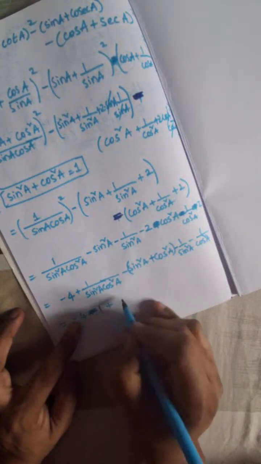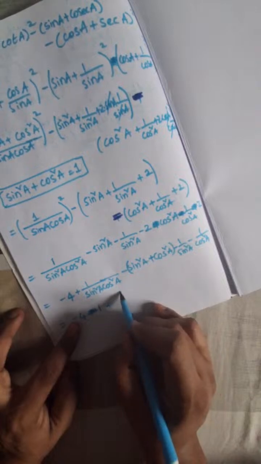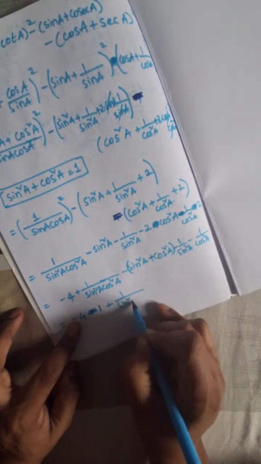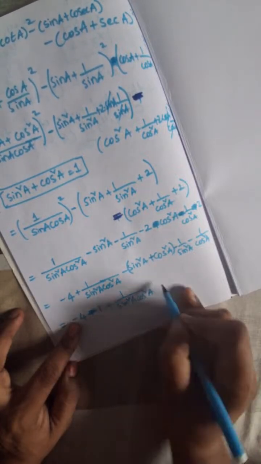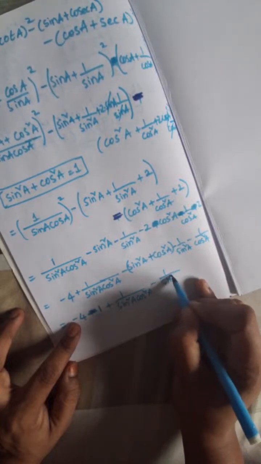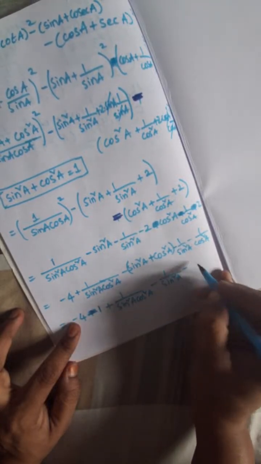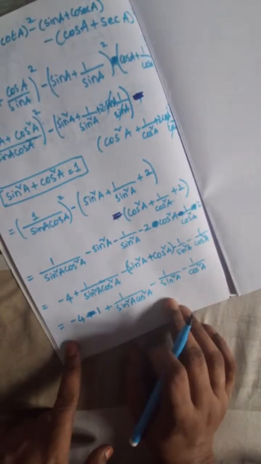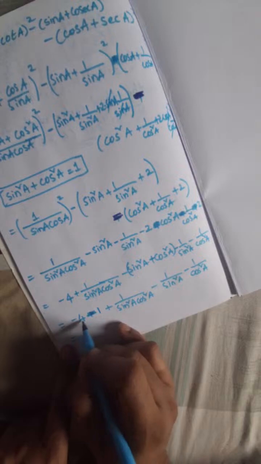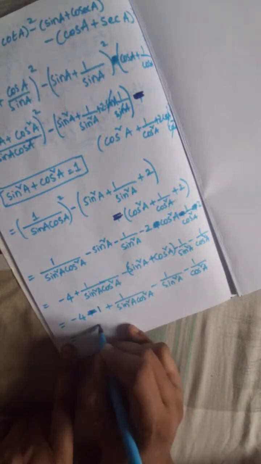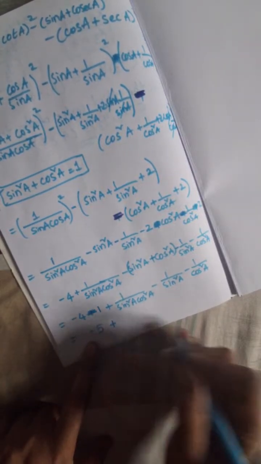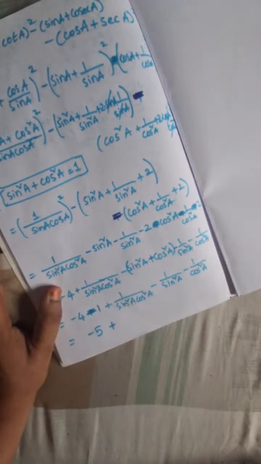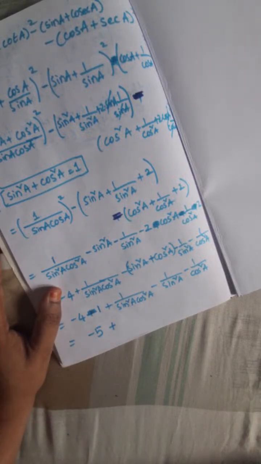Okay, this term I am writing, 3 terms are there to simplify. Sin square a cos square a, 1 by sin square a cos square a, minus 1 by cos square a. So remaining 3 terms are there to simplify here. So this becomes minus 4, minus 1, minus 5. Okay, now what we have to do next step, 1 by sin square a cos square a minus 1 by sin square a cos square a.